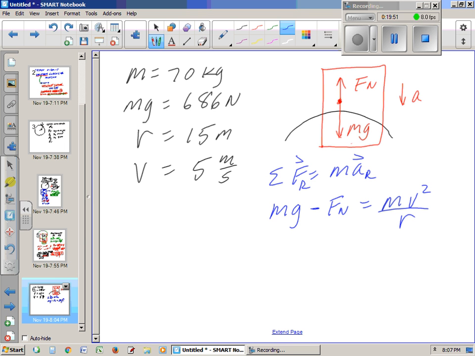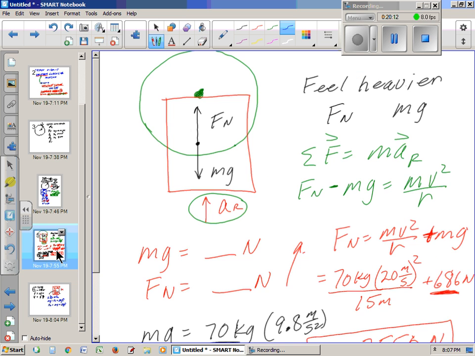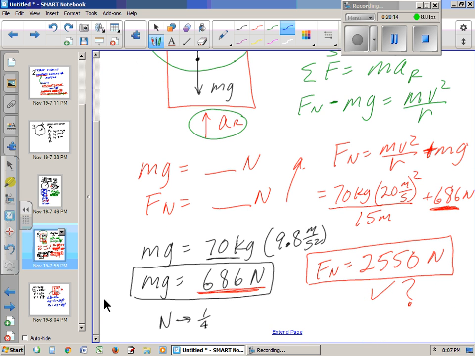So what are we going to solve for now? We already solved for his weight before, so that would be kind of silly to do it again and get the same answer. So let's solve for the normal force, and that would be mg minus mv squared over r, whereas on the last page we had mv squared plus mg.